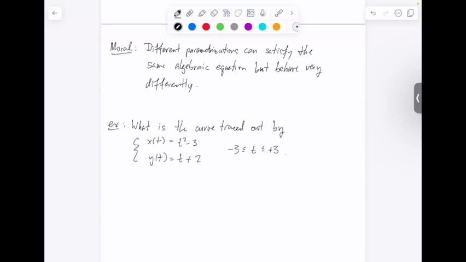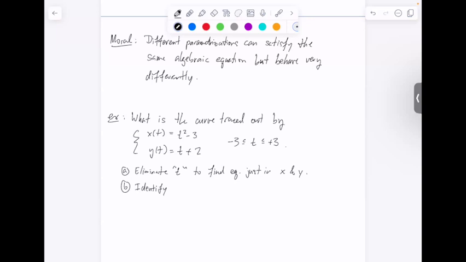Let me give you maybe two subtasks. The first one is to eliminate t to find an equation just in x and y.